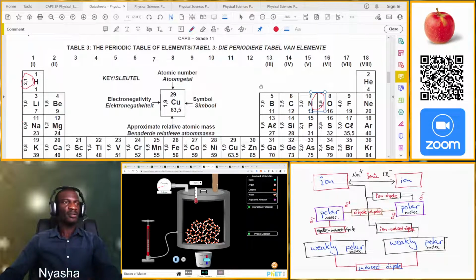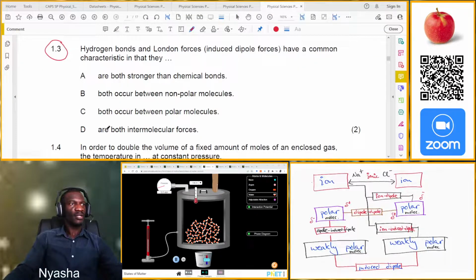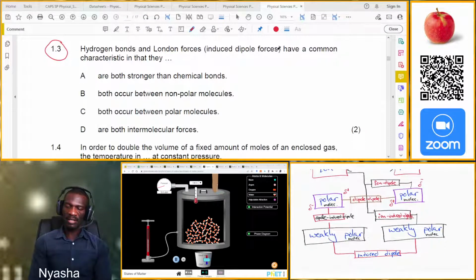these are the types. So our question should be straightforward now. It said hydrogen bonds. We have already seen that, for example, we do have hydrogen bonds with our water, and then London forces, induced dipole forces.